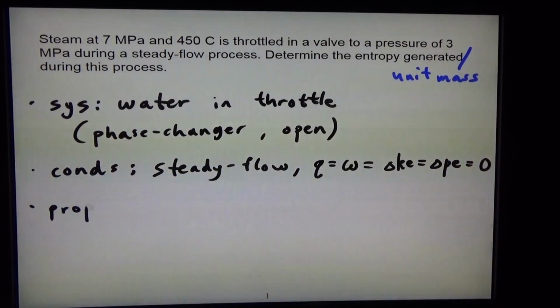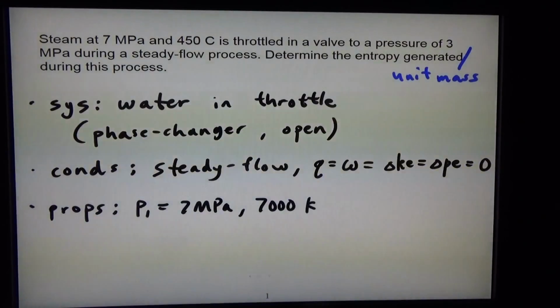For the properties, the inlet pressure is 7 megapascal, or 7,000 kilopascal, or we can write it as 70 bar.